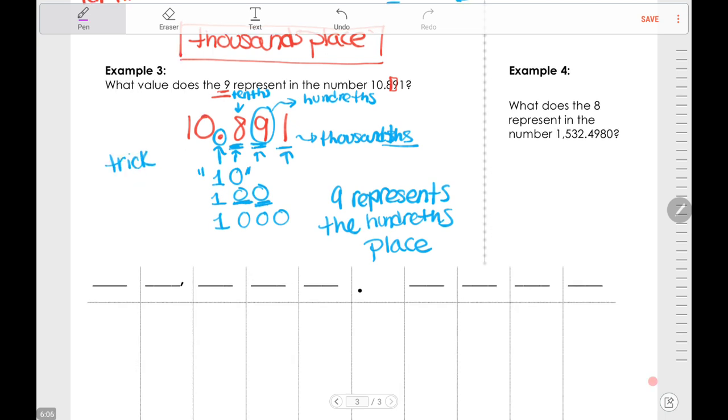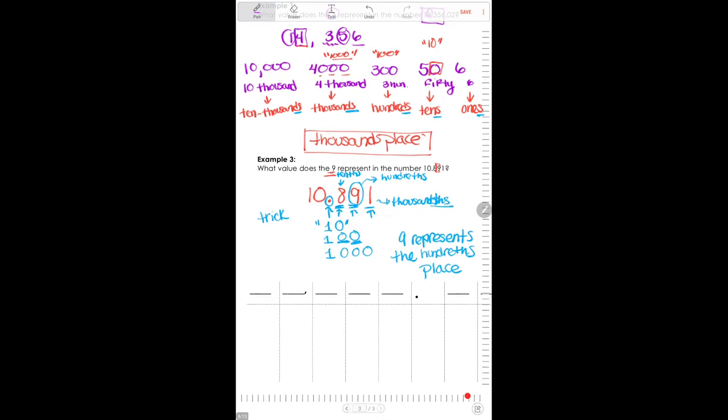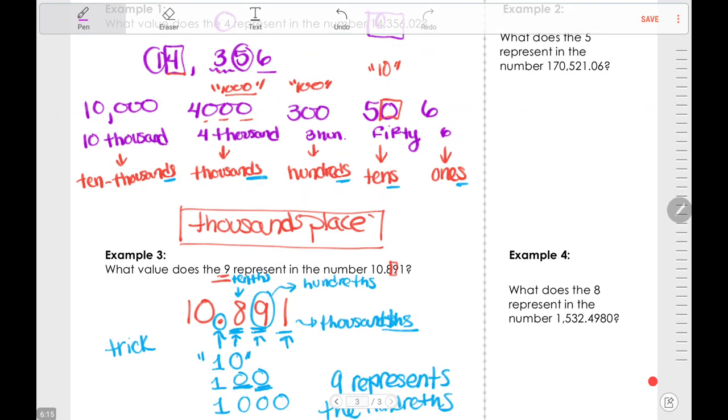And lastly, we're going to fill out this table. This is like our general table. So this is always going to be our decimal place.